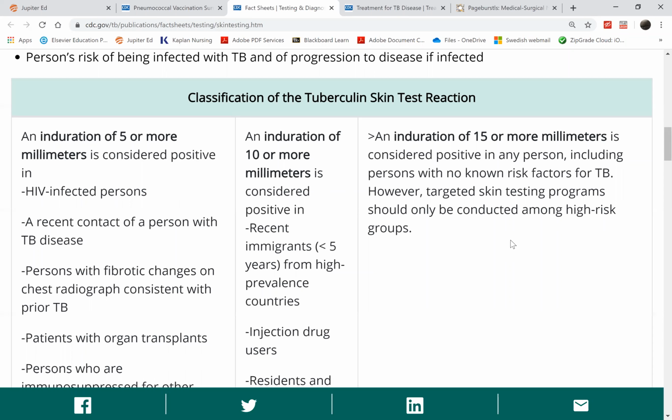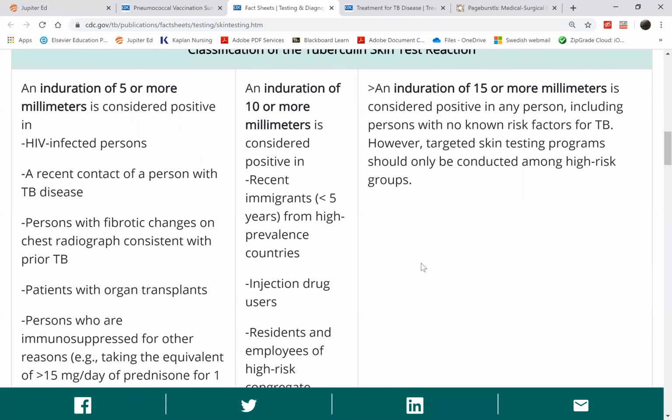So for you guys, are you 5s, 10s, or 15s? We're 15. And if you work in a hospital, 10. Before you went to nursing school, you were 15.